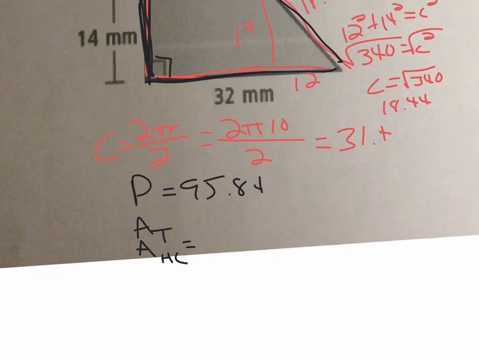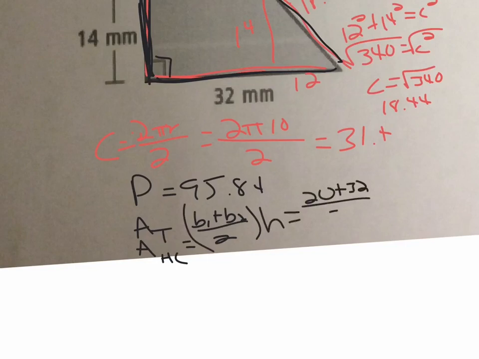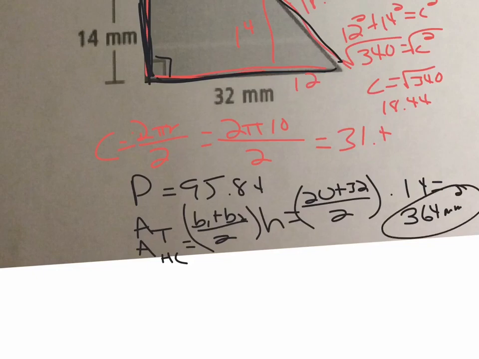So the formula for area of a trapezoid is base 1 plus base 2 divided by 2 times your height, which would be 20 plus 32 divided by 2 times my height, which is 14, which ends up giving me 364. So 364, and this is millimeters squared. So that's the area of the trapezoid.